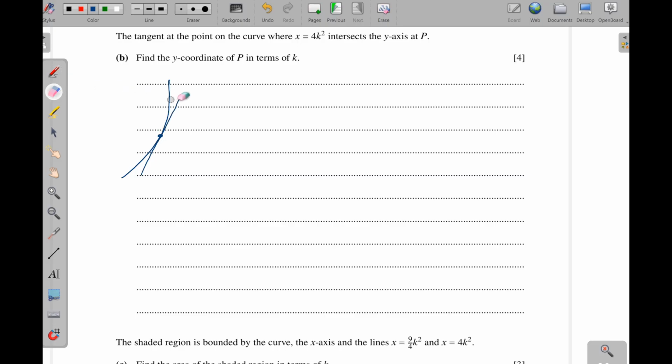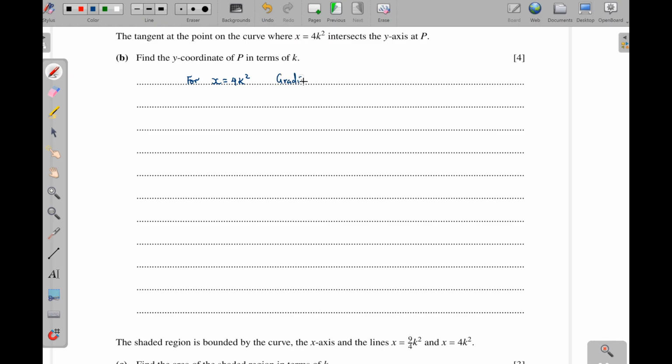And we get the gradient of a curve using differentiation. So for x equal to 4k squared, what we are supposed to do here is find the equation of the tangent, and then see where it intersects with the y-axis.